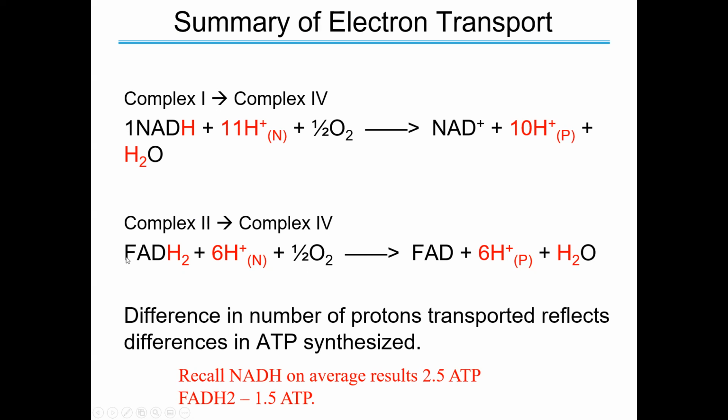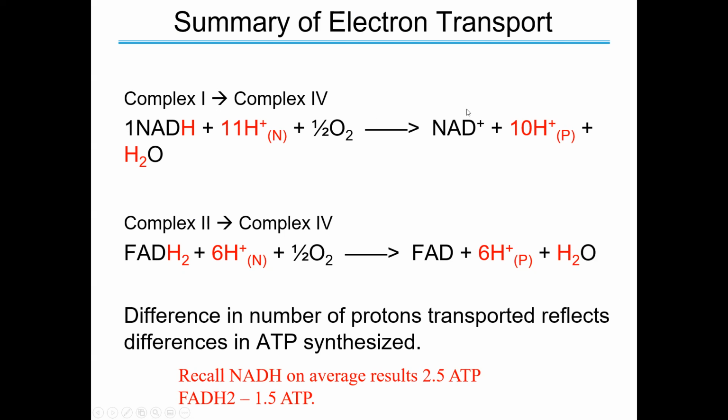You are starting out with FADH2. You are utilizing 6 protons from the N side, half a mole of oxygen. You are generating only 6 protons in the P side, plus water.